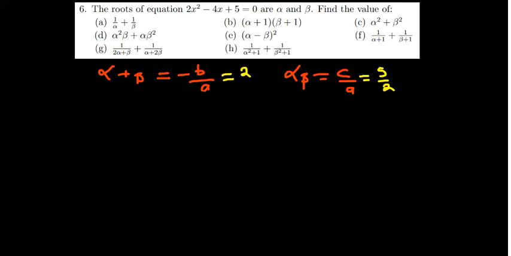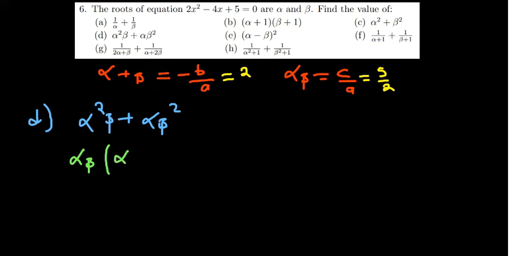So we are on D. At this point, I believe you've gotten the idea behind whatever we're doing, so you can feel free to pause the video and try this one out. We can factorize what's common. I have alpha beta being common. For the first part, if we remove alpha beta, we remain with a single alpha.